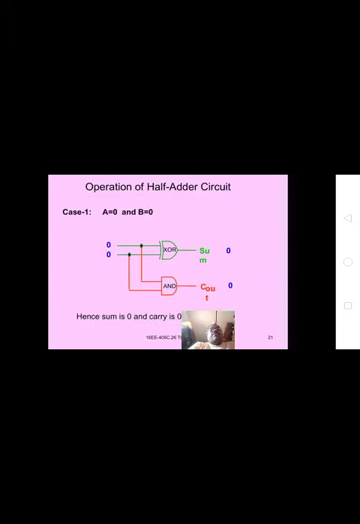Operation of half adder circuit. Here we are taking 4 cases for the 4 inputs we have taken. Case 1, that is A equal to 0 and B equal to 0. Hence sum is 0 and carry is 0 for half adder circuit.